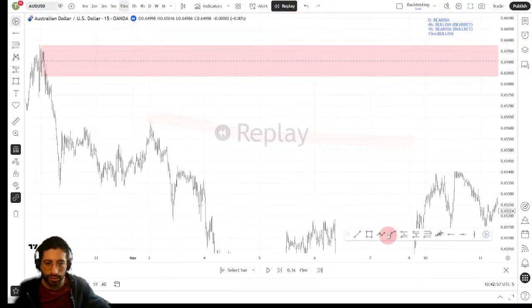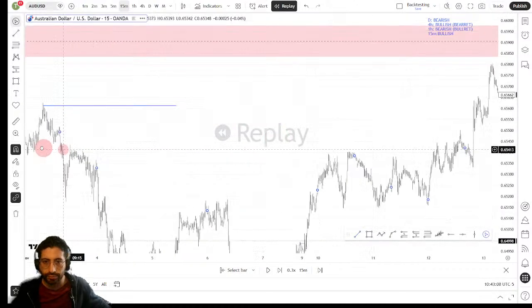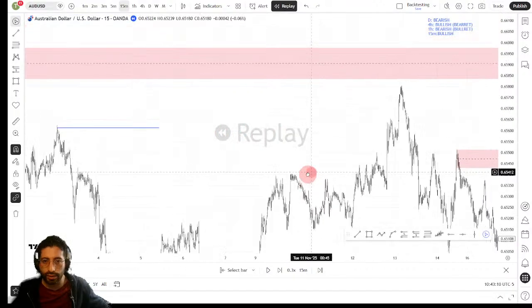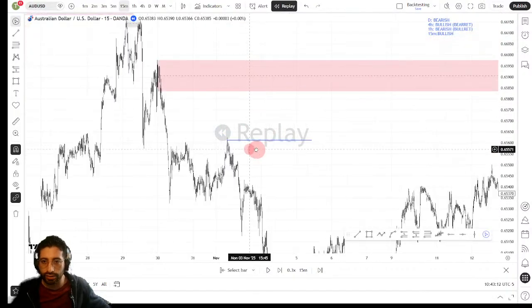Let me mark it. I think it will be easier, and let's see if the price actually respects this one or not. Oh well, it didn't. It didn't respect this strong high.